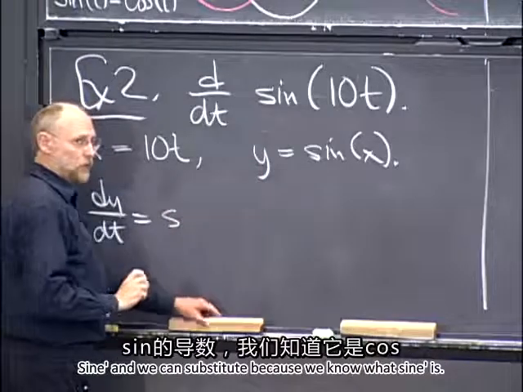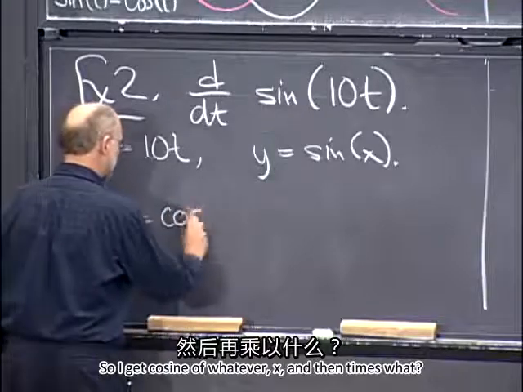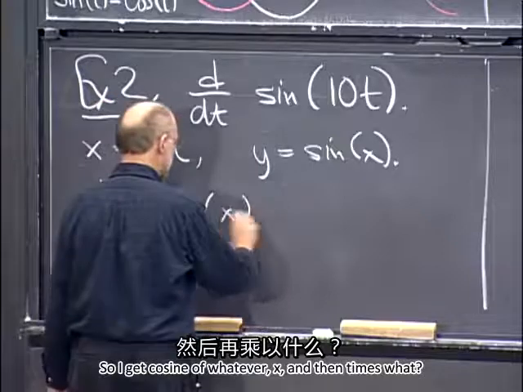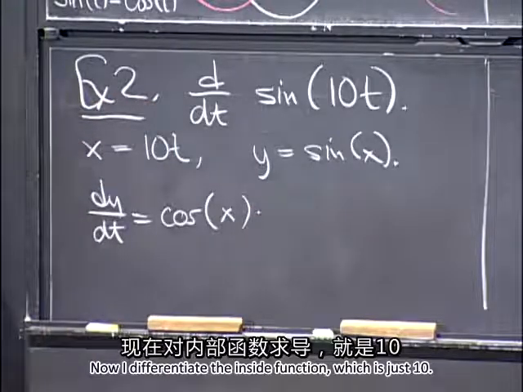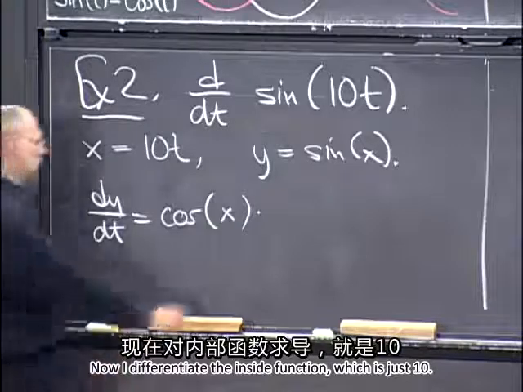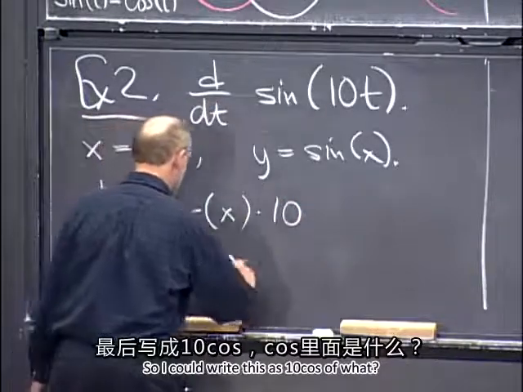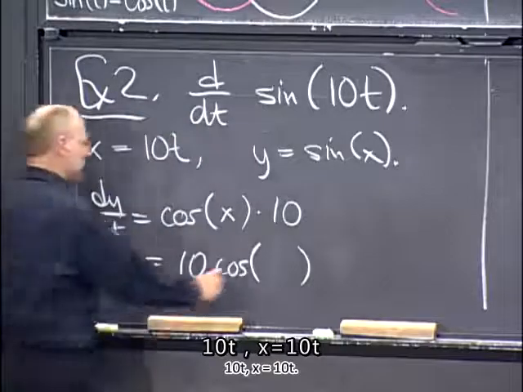Sine prime. We know what sine prime is. So I get cosine of x, and then times what? Now I differentiate the inside function, which is just 10. So I could write this as 10 cosine of 10t. x is 10t.